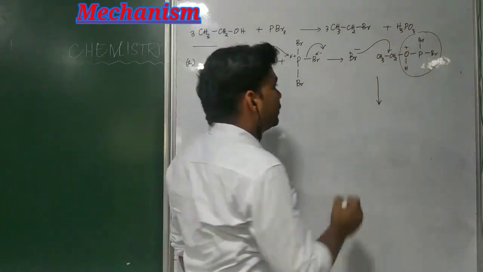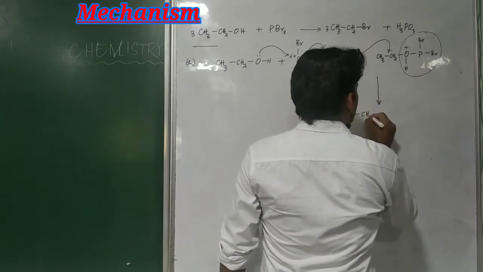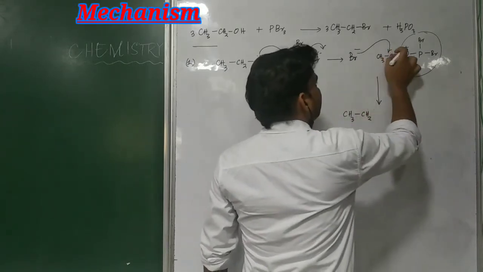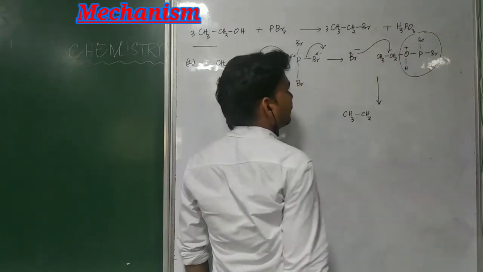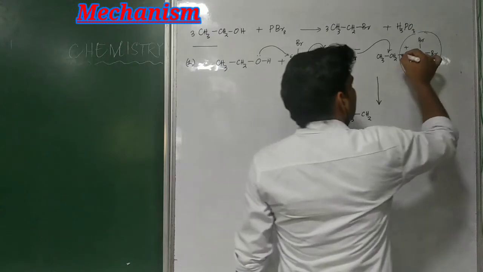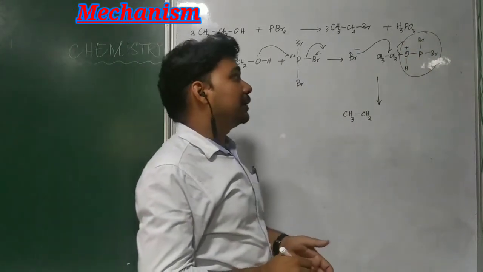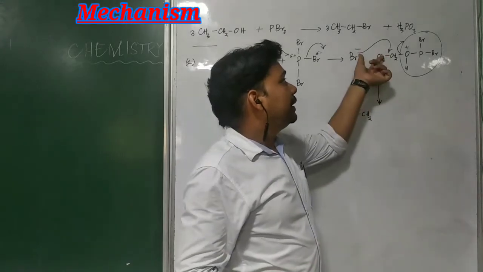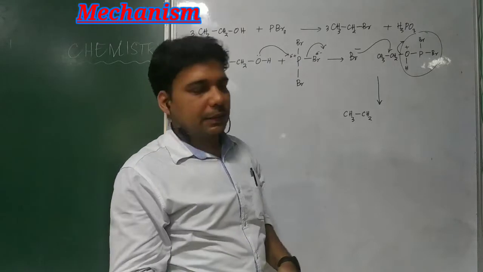Now, so you will get your product CH3CH2. When a bond will be formed between this carbon and this Br, simultaneously this bond will be broken, because we have learned in SN2 mechanism, bond making and bond breaking occur simultaneously.